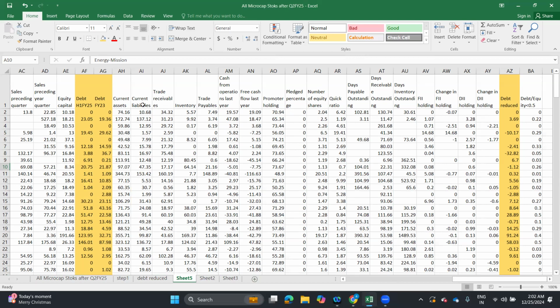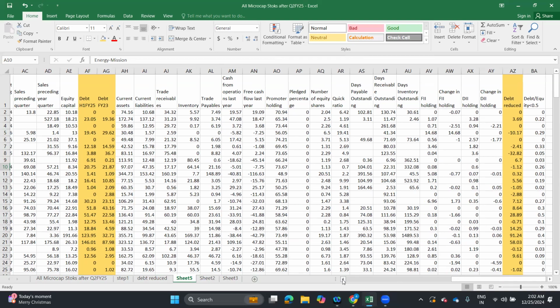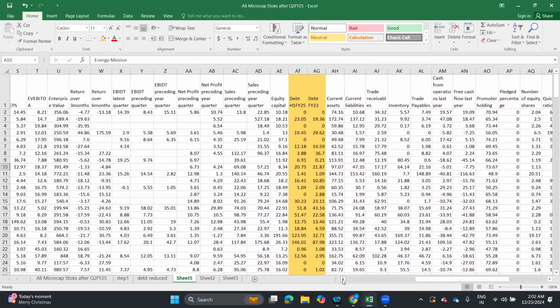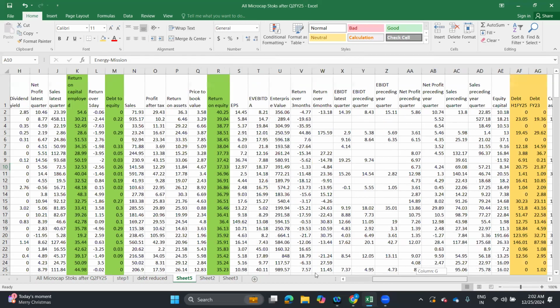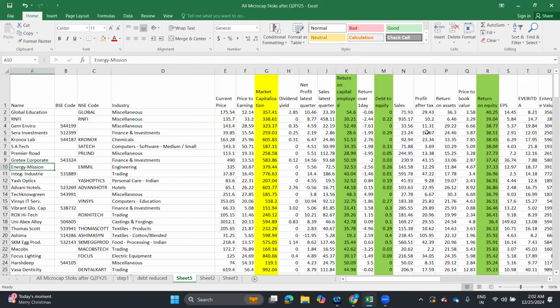So companies' debt to equity is done. Now I'm applying the next level of filter, which is ROC. ROC more than 20%.